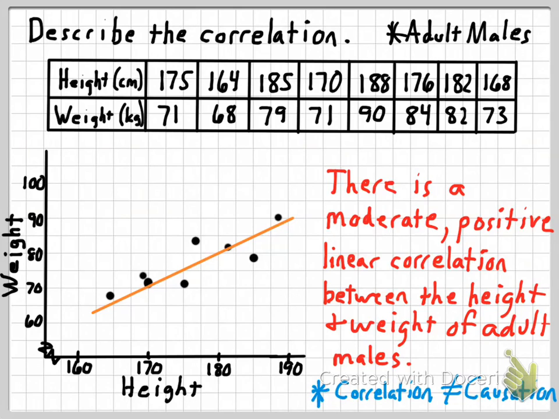We could say that it's possible maybe to guess the weight of somebody based on their height because there appears to be a correlation that we could use to relate the two, right? But does that mean that somebody's height causes their weight to be a specific value? Well, there are other things called confounding factors that can cause somebody's weight, such as the amount of hours they spend exercising every week and their caloric intake, right? So we can't say that height causes weight or vice versa, but certainly there is a correlation between the two.